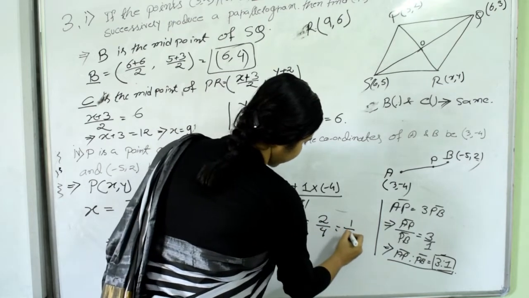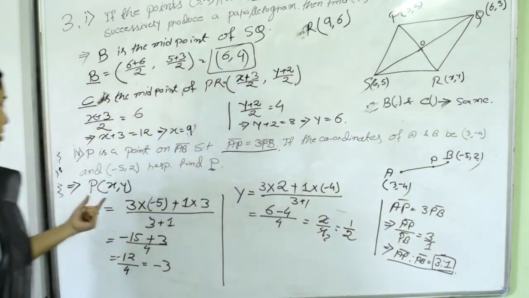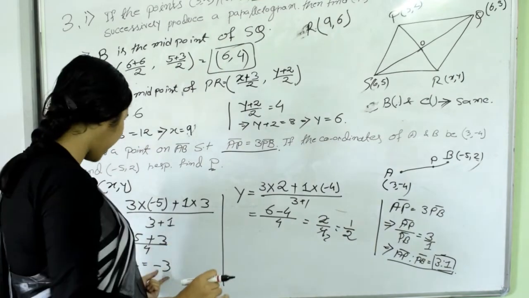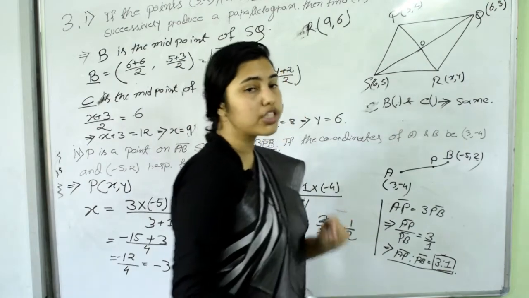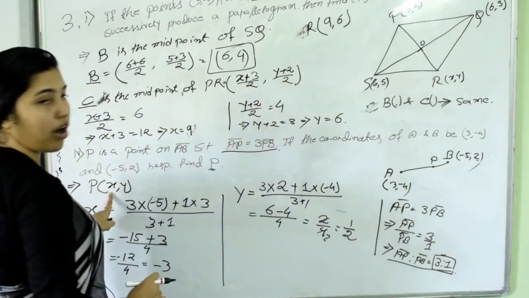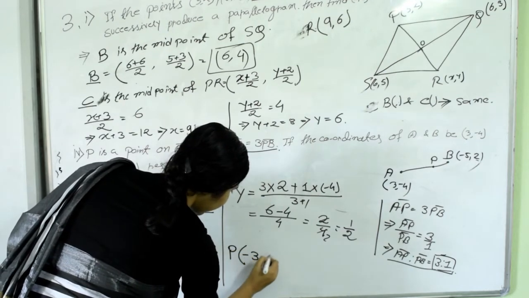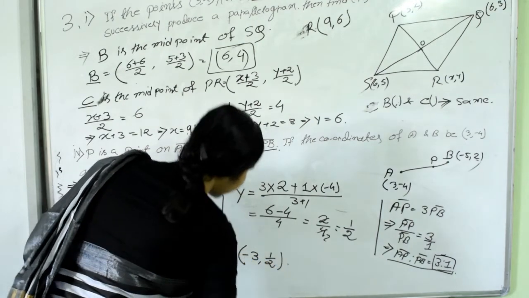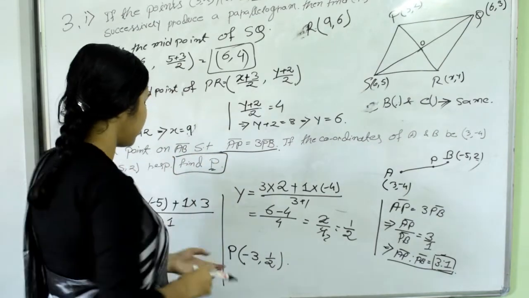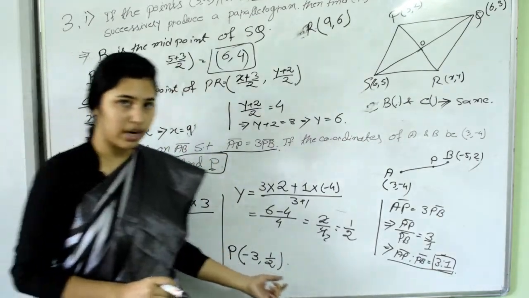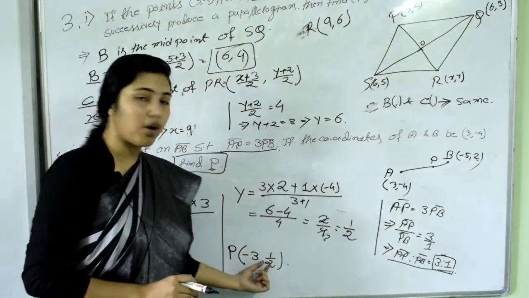You can also write it as 1 by 2. Here the value of x is minus 3 and the value of y is half, which means the coordinate of the point P is minus 3 comma half. Here is our answer. Find P. So the coordinate of the point P is minus 3 comma half.